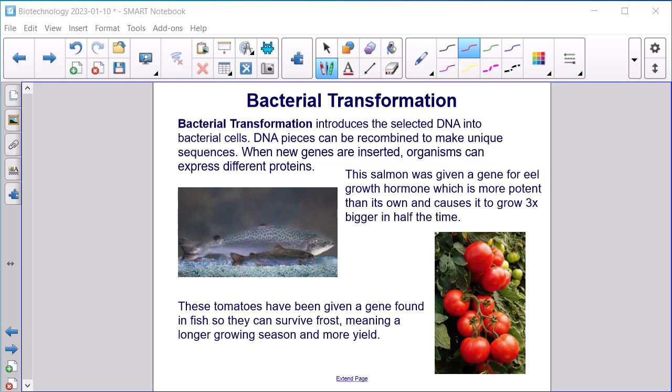This salmon, shown on the left, was given a gene for eel growth hormone, which is more potent than its own and causes it to grow 3 times bigger in half the time. These tomatoes on the right have been given a gene found in fish so they can survive frost, meaning a longer growing season and more yield.